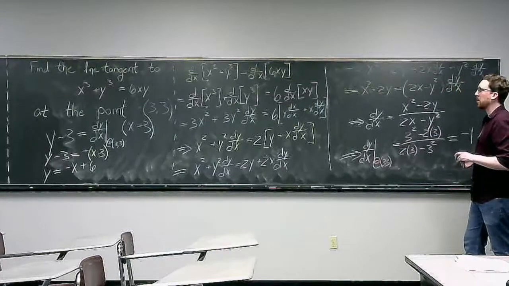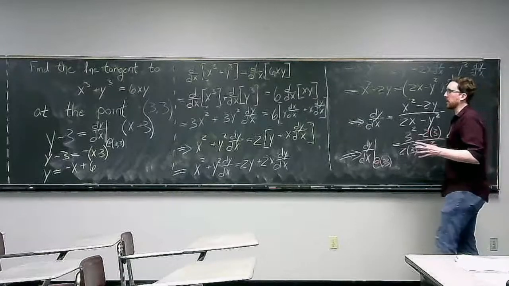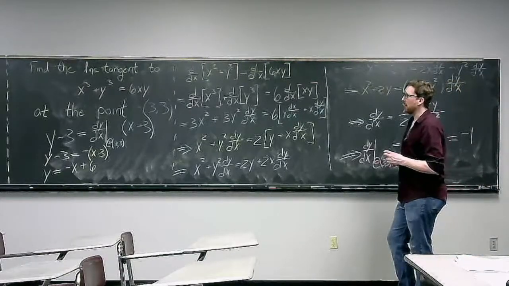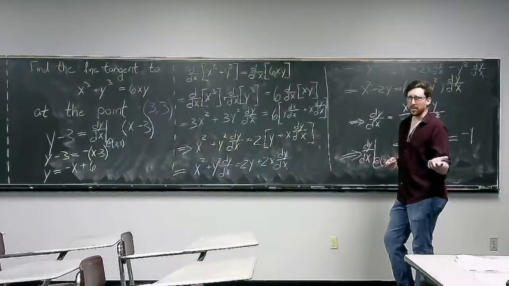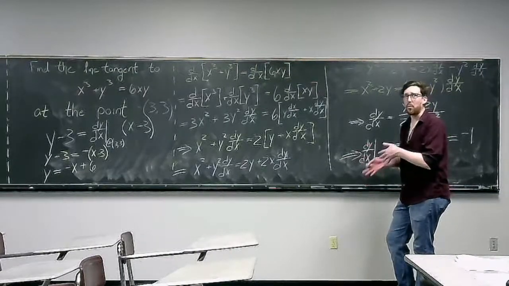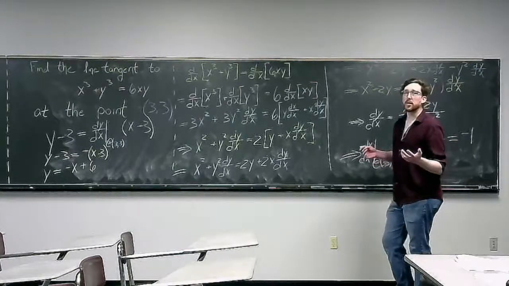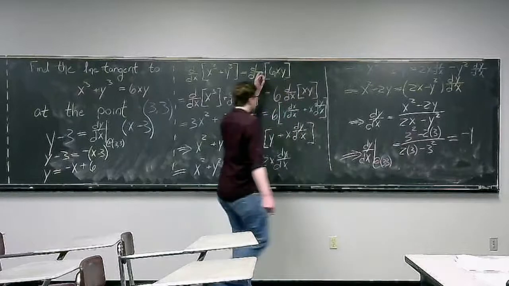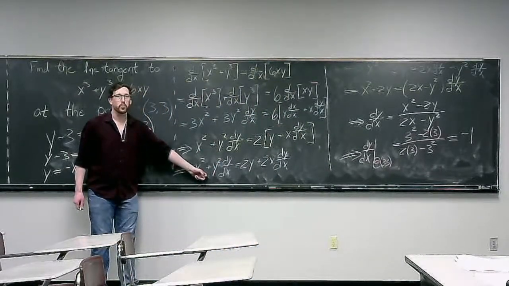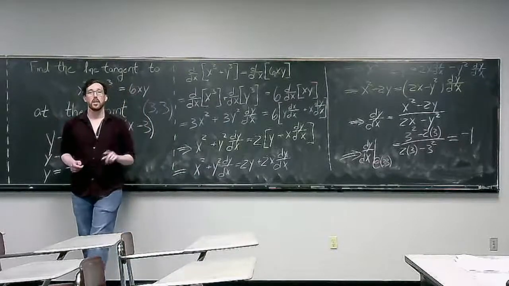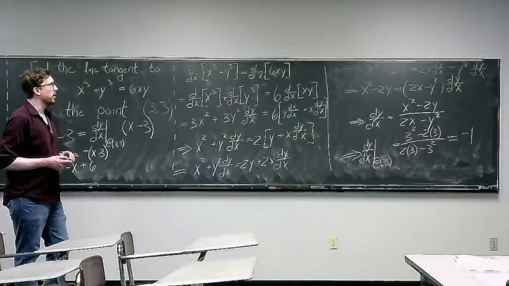Okay? So I can set up the point-slope form pretty easily. I just have to figure out what dy/dx is, and then I have to find out what dy/dx is at that point (3, 3). So we apply implicit differentiation, and after working it out, we get all the way down to here, right? And we say, haha, this will allow me to solve for dy/dx.